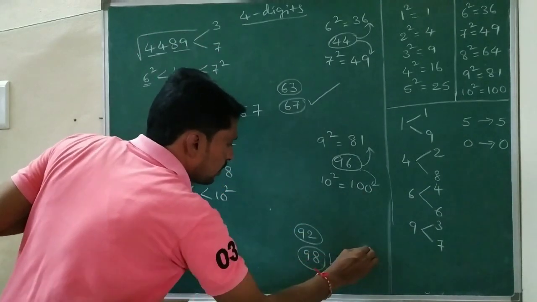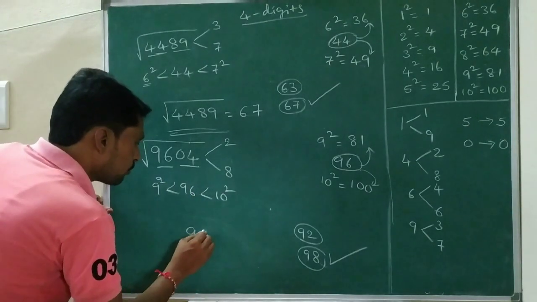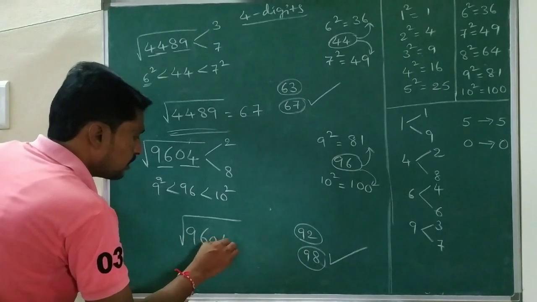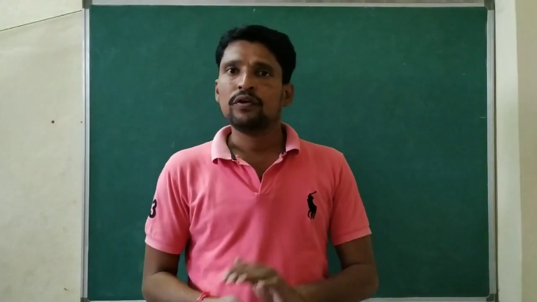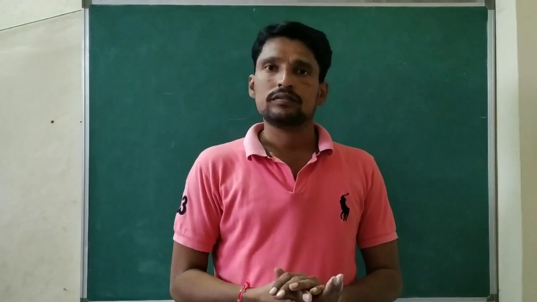So the greater number is the square root value of the given number. So the square root of 9604 equals 98.